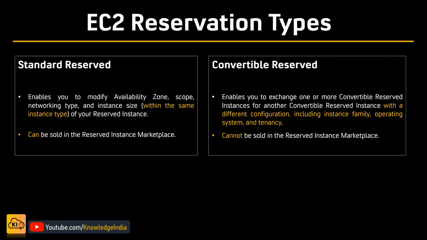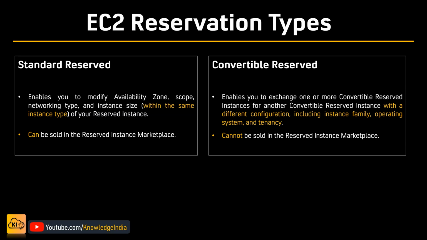Suppose I do a reservation and I have selected a particular operating system and m5.large as the instance type. I cannot really change it to, let's say, a compute intensive C family or R family later on.